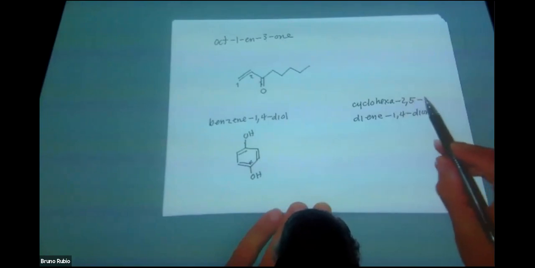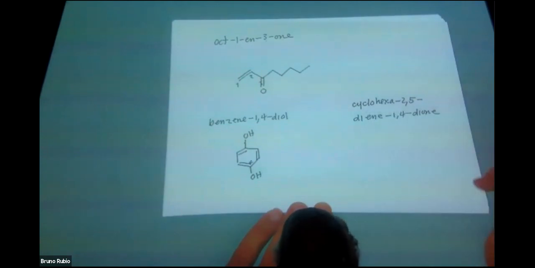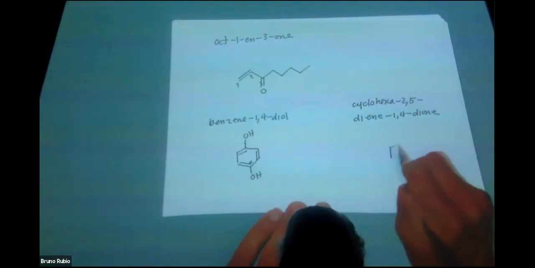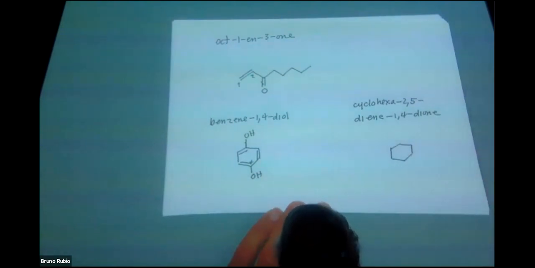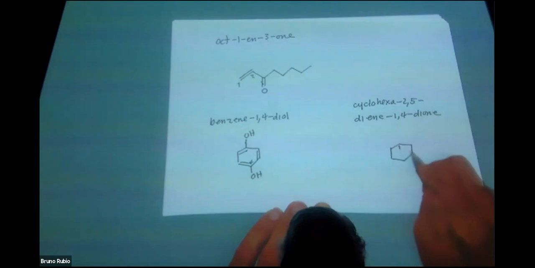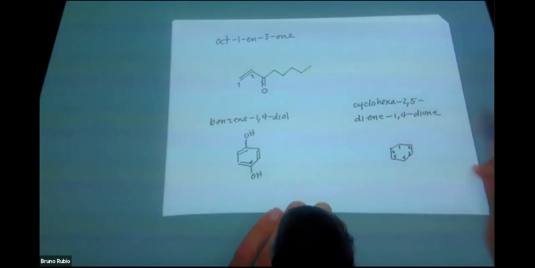What's the parent? The parent is a 6-membered ring, cyclohexa. All right, and where's carbon 1 on this thing? Doesn't matter. I'm going to put carbon 1 there. 2, 3, 4, 5, 6.